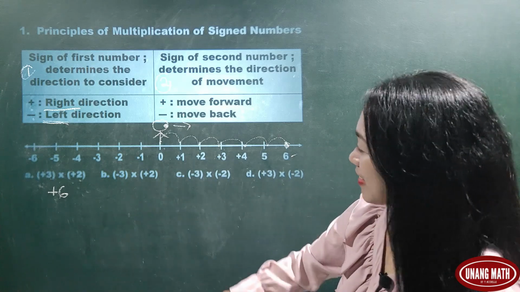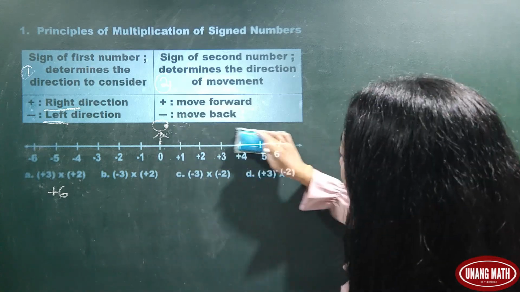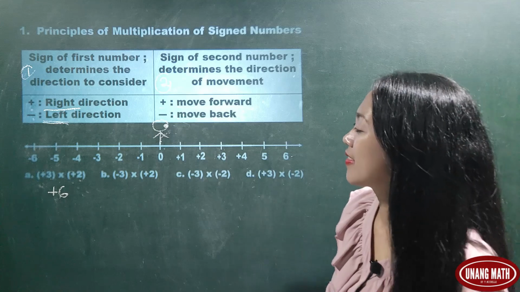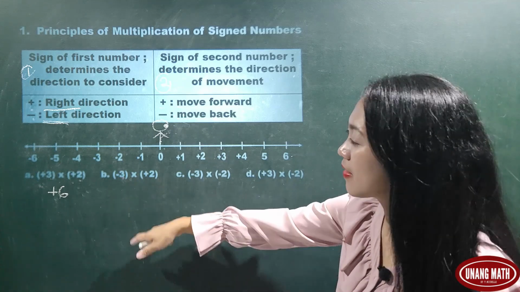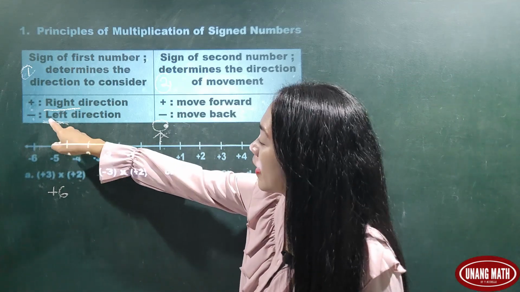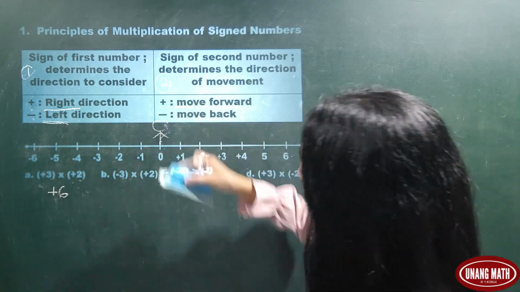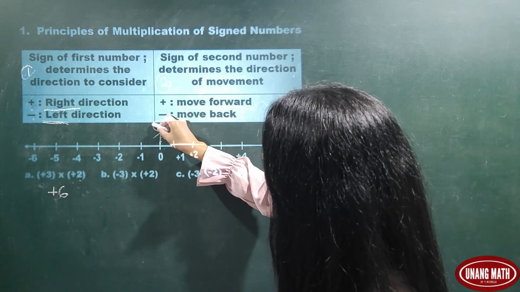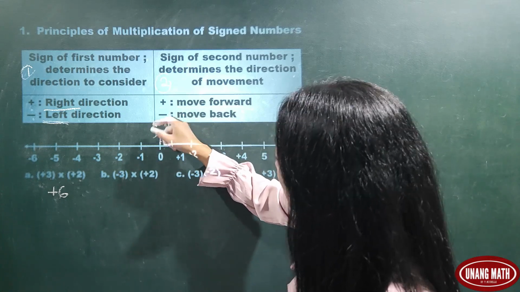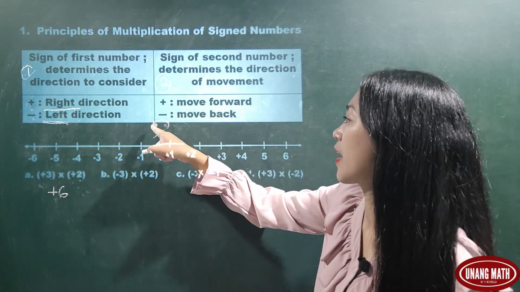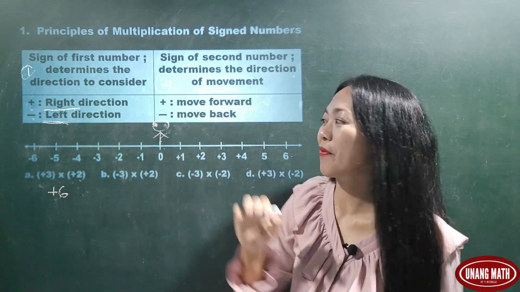Let's go to the second example. Okay, the sign of the first number is negative. So that means we need to consider left direction. So let us put the dot to this side because this side represents left direction.